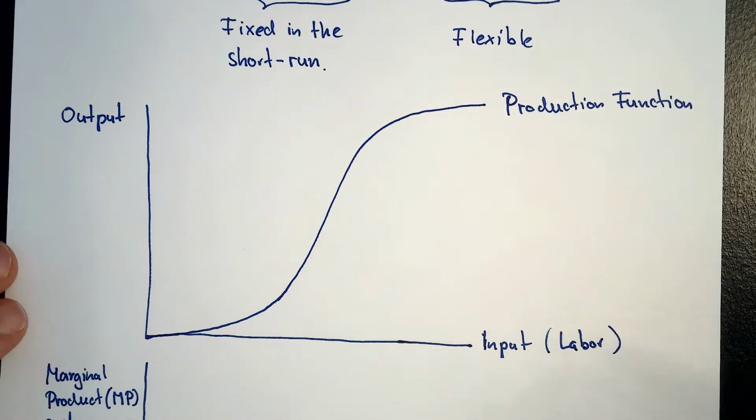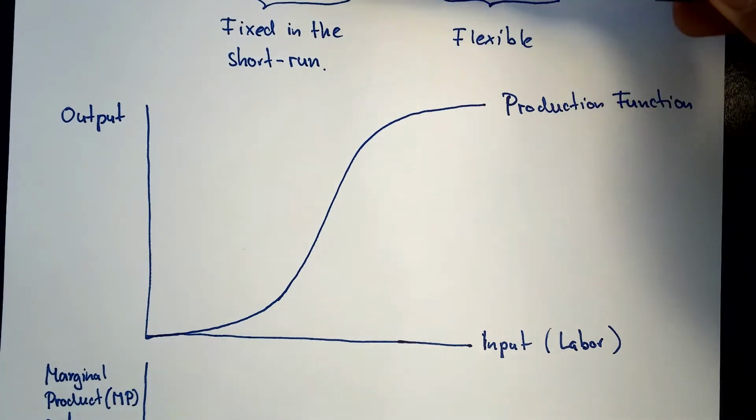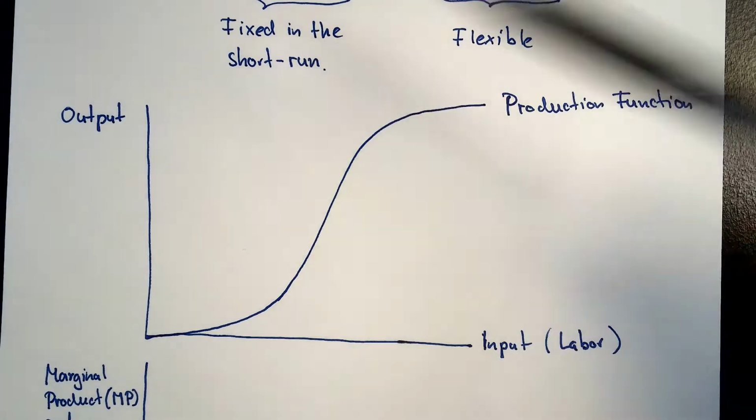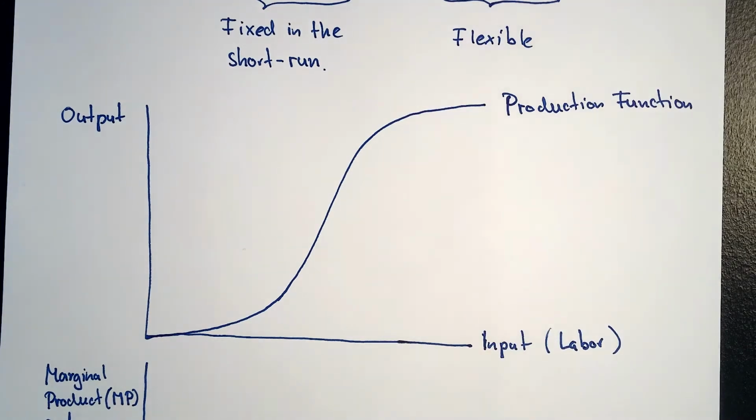Now note that you can think about capital and labor as placeholders. There are, of course, many inputs that are either fixed or flexible, and historically capital and labor have been used to denote or represent those inputs.